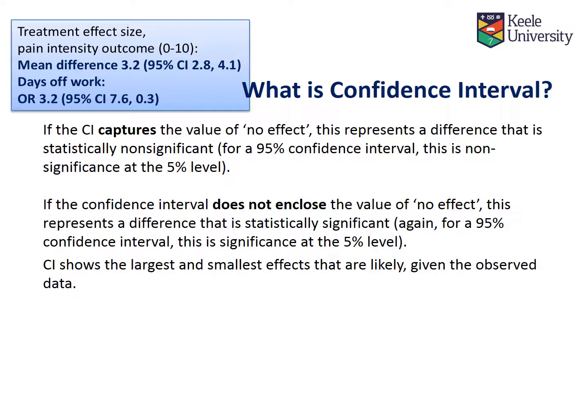And when we look at the example above, days of work, the odds ratio is 3.2, and the 95% confidence interval is 7.6 to 0.3. 0.3 is less than 1, meaning in this example, the odds ratio 3.2 is not statistically significant because the range of the confidence interval includes the value 1.